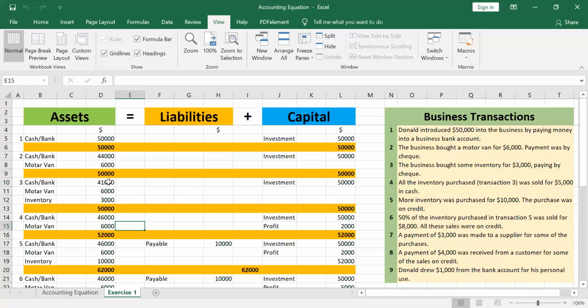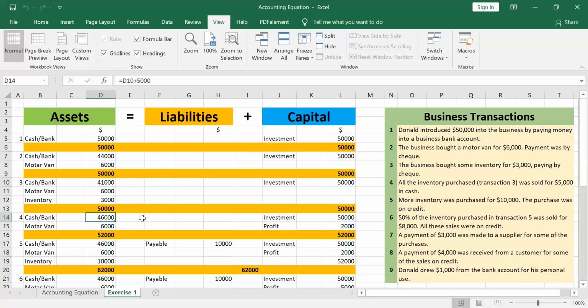So remember, in the previous transaction we had cash of 41,000. Now 5,000 cash means we now have 46,000 cash. So the first impact is the increase in cash, and there's no longer inventory.